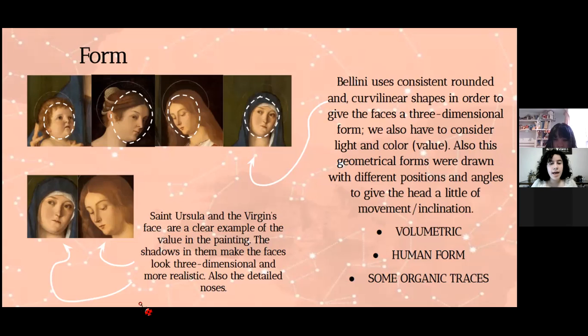Also, Saint Ursula's and the Virgin's faces are a clear example of value in the painting. The shadows in the cheeks make the faces look three-dimensional and more realistic. Also, the detailed noses, with the shadows and value in them, make them look three-dimensional and more realistic.